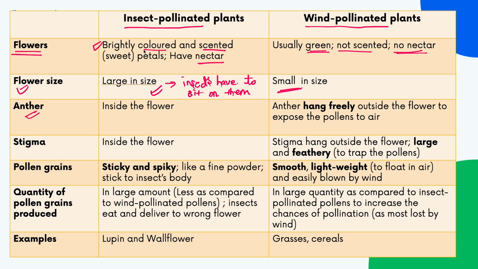The anther of the insect-pollinated plant is present inside the flower, while in case of wind-pollinated plants, it hangs freely in the air outside the flower. It is essential for the exposure of pollen grains to the air so that the pollen grains can be easily blown by the air.